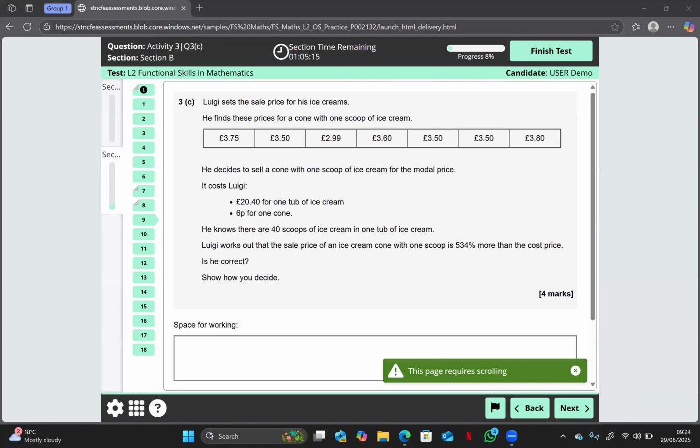As far as I'm aware, the modal price is the one that appears the most. So in this case it is £3.50, because it appears three times and there are no others that appear three times. So he sells one scoop for £3.50.